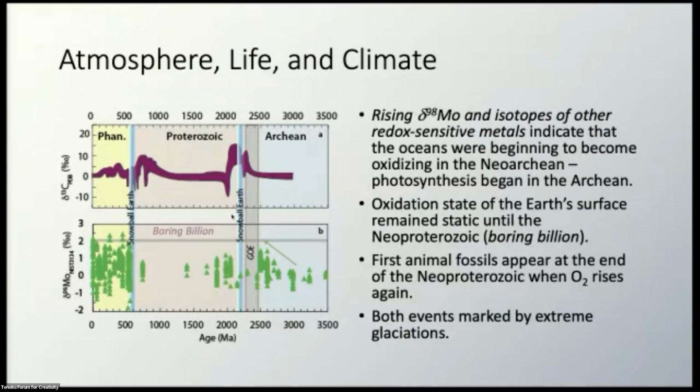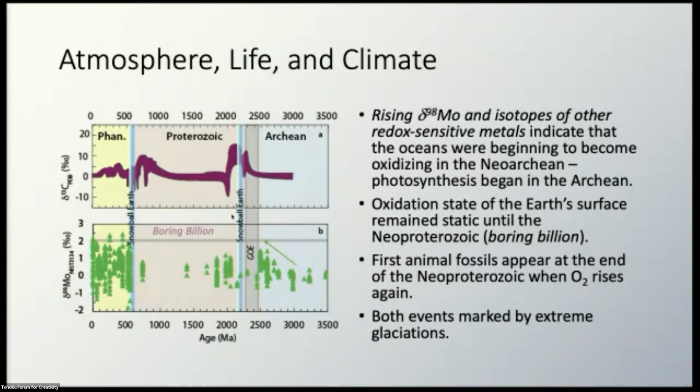Here's some more isotope evidence. This is molybdenum isotope ratios in sediments. You see, this is the modern seawater level. In an Earth without oxygen in the atmosphere, molybdenum should be close to the crustal or mantle value, as it is in the early Archean.